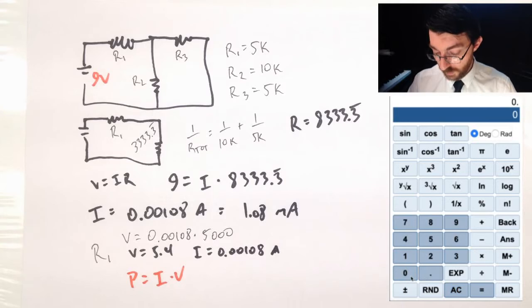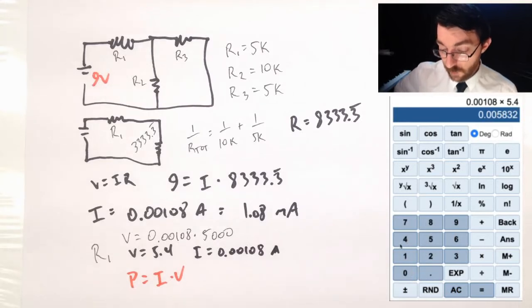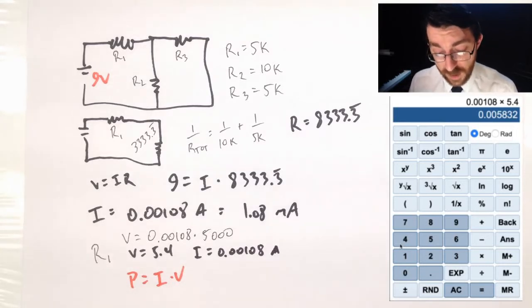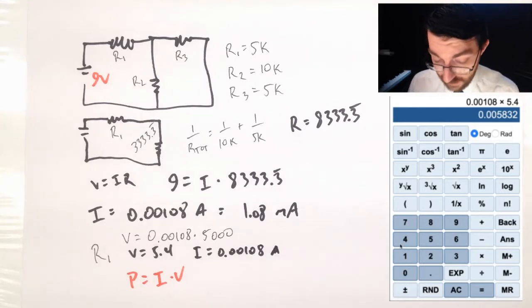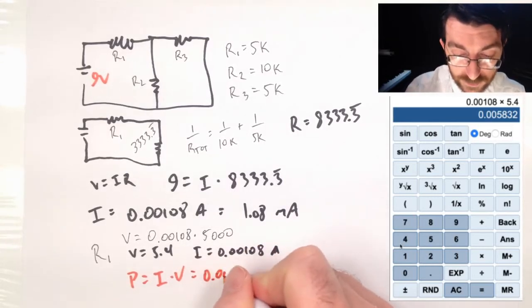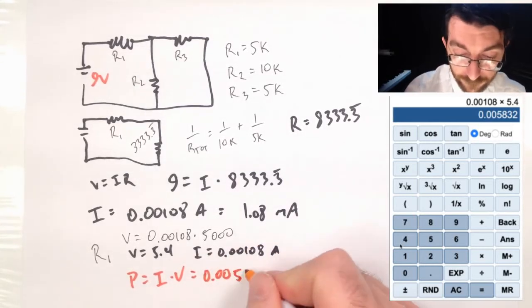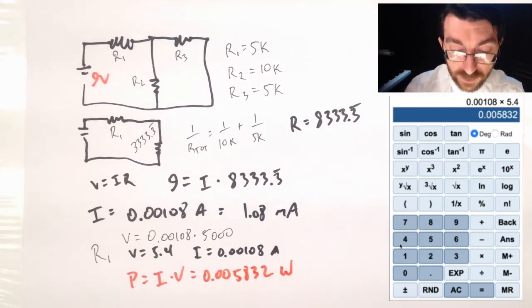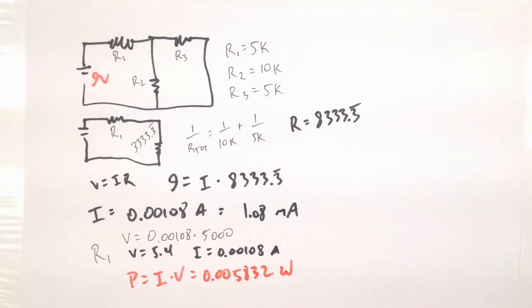It's 0.005832. That is how many watts that is. So let me write that in orange just to keep it consistent. 0.005832. That would be in watts, which means we could call that 5.8 milliwatts.